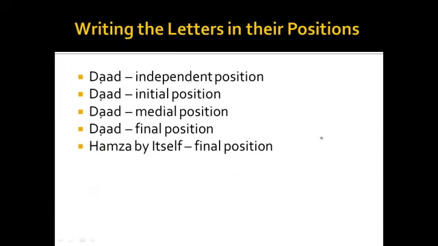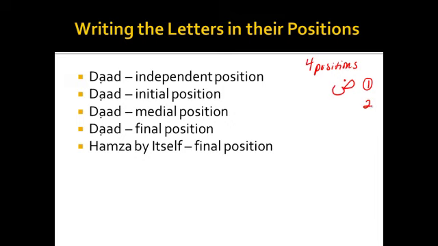So let's look at the Daad and the Hamza by itself in their different positions. Again, as we remember, there are 4 positions for Arabic letters. In the independent position, the Daad looks like the Sad, but it has a dot on the top of it. So it looks just like the Sad, which you learned in the last lesson, but with a dot.